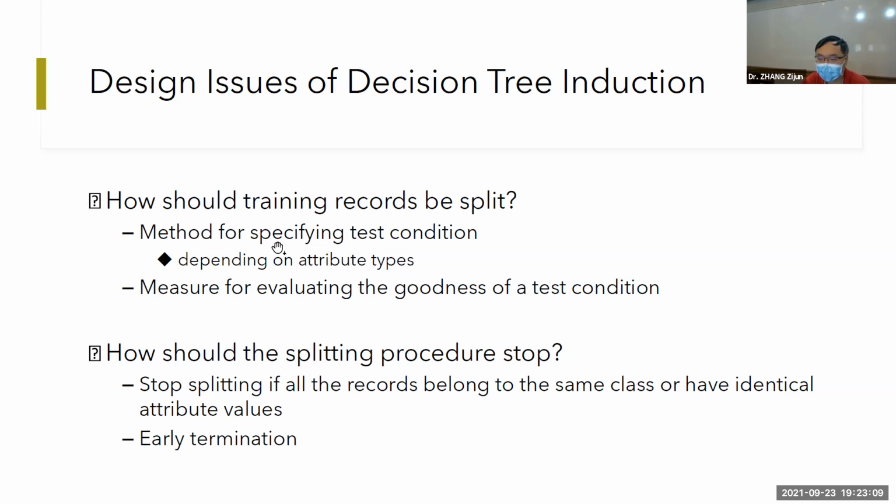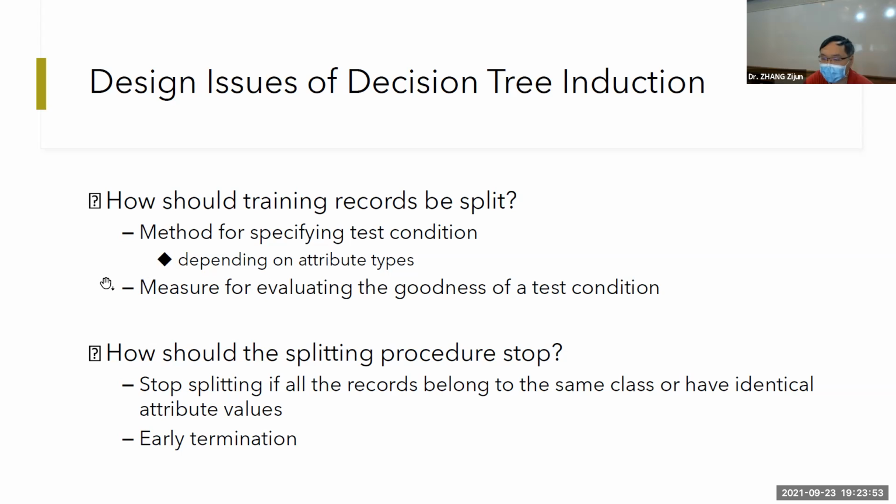We will talk about methods for specifying the test conditions depending on attribute types. When you do the induction of a decision tree, every time you pick a parameter as a node to split, you are basically setting up a hypothesis test. If we go the very mathematical way, but usually we will not talk about it, I'll just go with the algorithm. When you develop a tree with a number of nodes, you are making that many hypotheses.